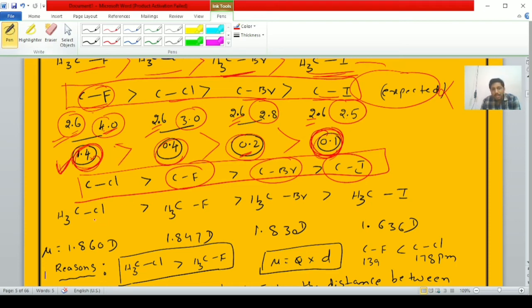Chloromethane, fluoromethane, bromomethane and iodomethane.